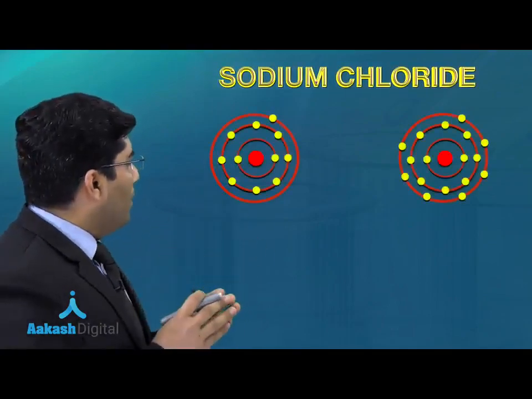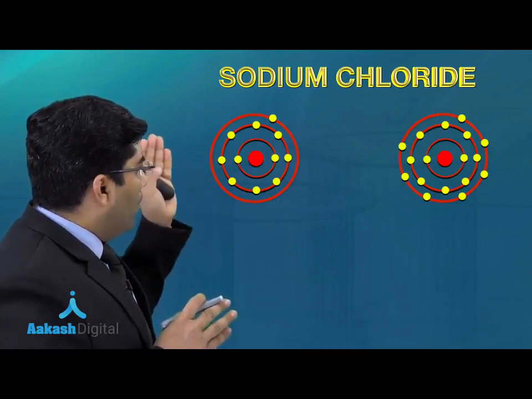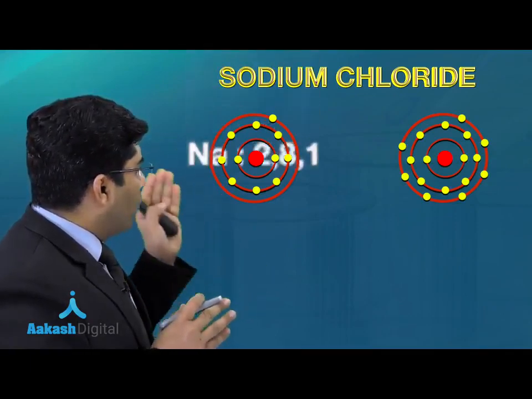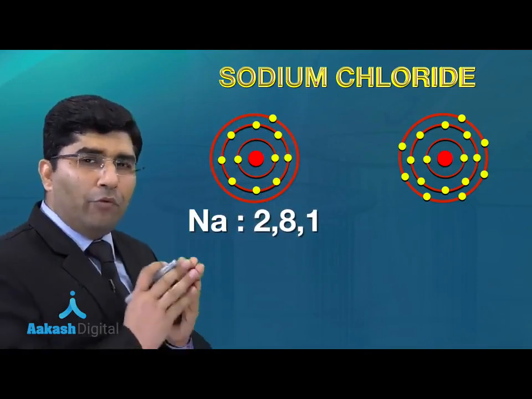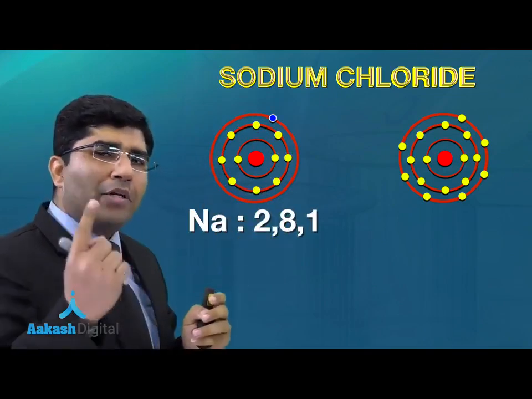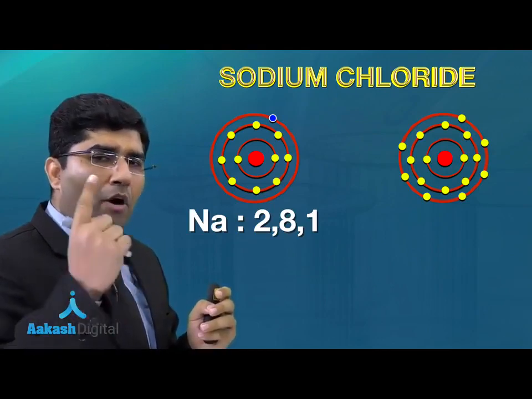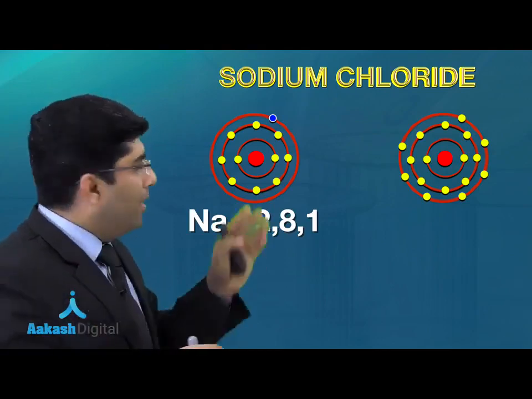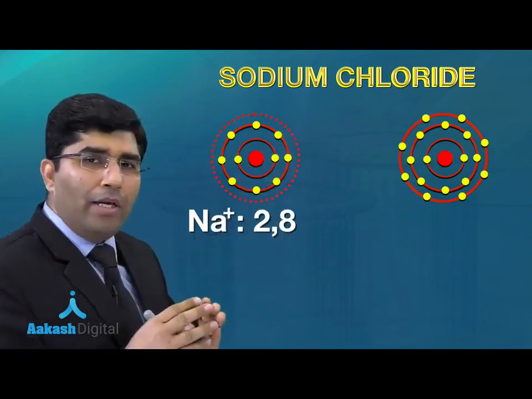You can see here the electronic configuration of sodium is 2, 8, 1. There are 3 shells. There is 1 electron in the outermost shell of sodium, and it goes to the chlorine.